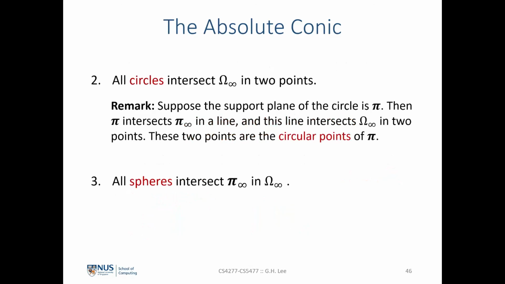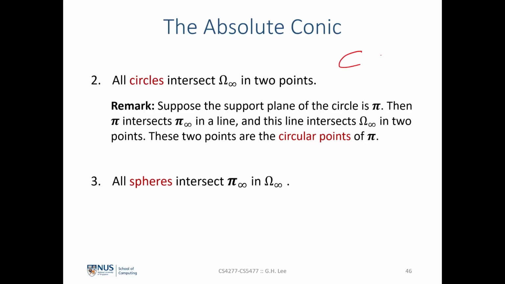The second property is that all circles intersect omega infinity at 2 points. The remark here is that suppose the support plane of the circle is pi.